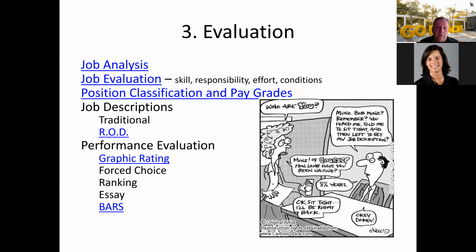So, for some positions, the conditions under which the work is being done could be very important. If you're a patrol officer, for example, that position is going to be very dangerous. You're out there on the street, interacting with the public, so you have a lot of threat to life and limb.